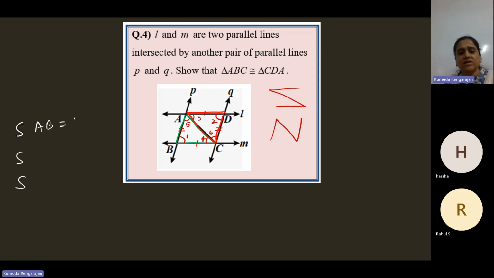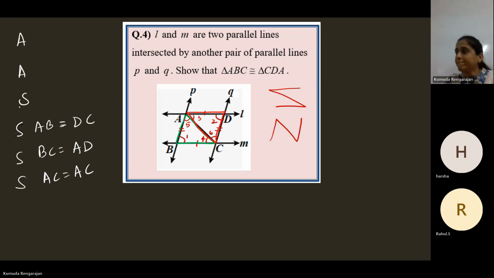Then BC of the first triangle is equal to AD of the second triangle. And then AC is equal to AC, common side. AC is a side common to both the triangles. SSS, that's all finished.